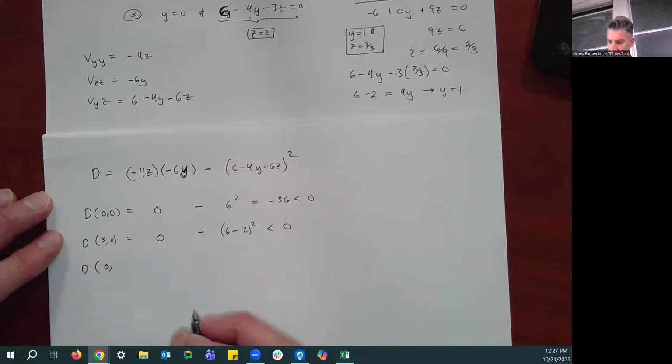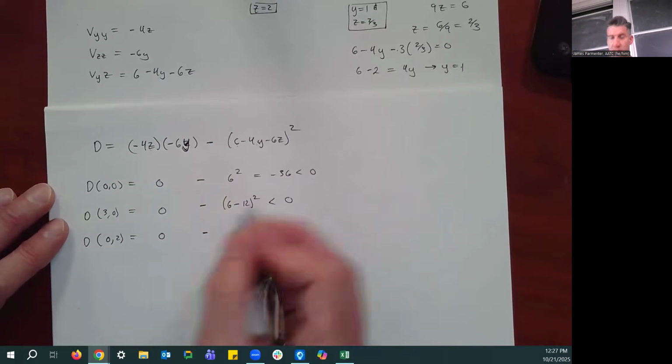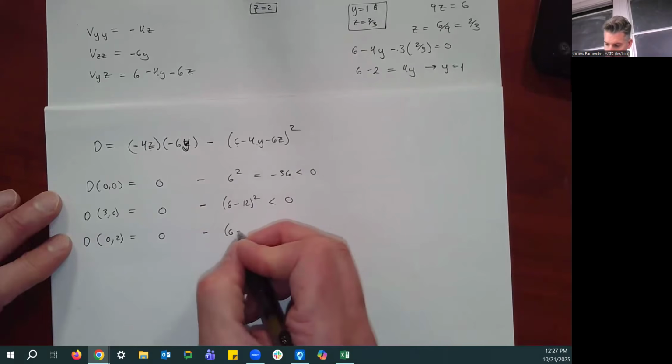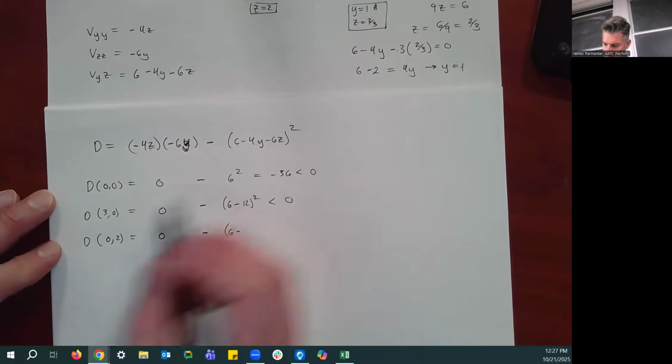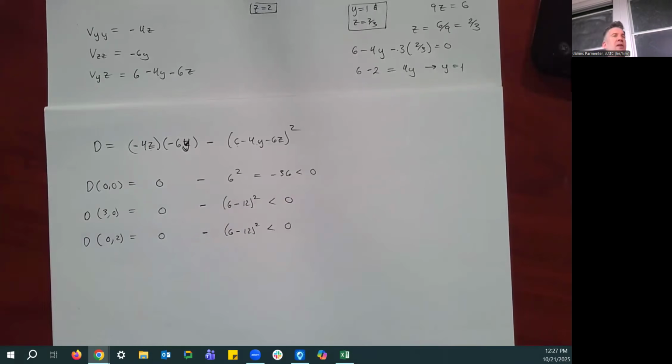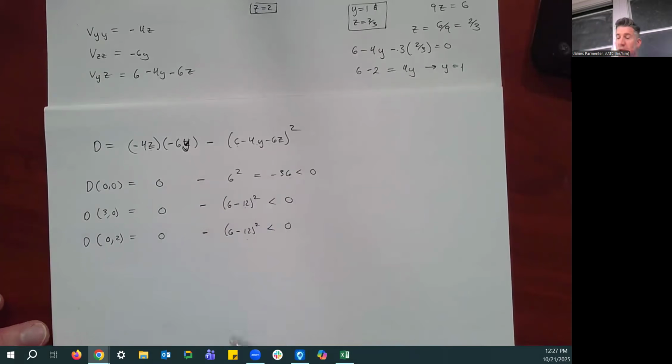At 0, 2, it's going to be a 0 there, minus 6 minus 12 again. It's kind of interesting how they all turn out to be exactly negative 36. It's probably not actually meaningful, but it's just kind of noticeable.